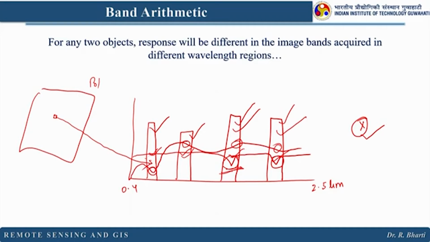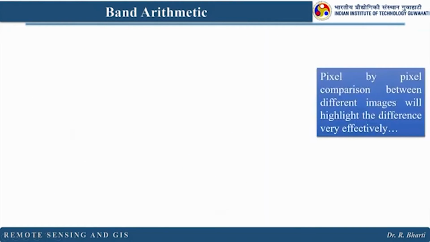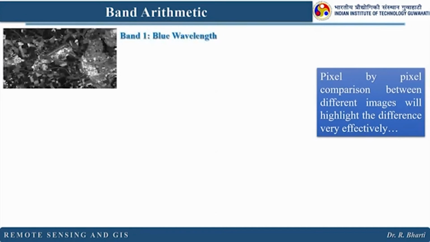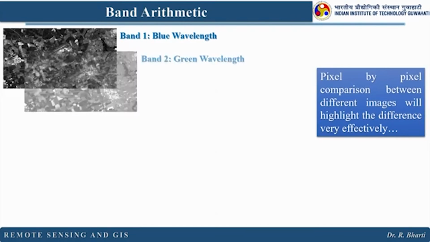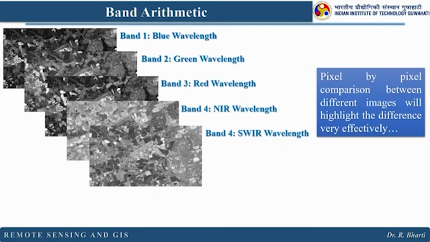So can we use this fundamental information to enhance our target? Yes. Now in band arithmetic, what do we do? Pixel by pixel comparison. And why do we do it? To highlight the differences very effectively. So here you can see we have band 1, band 2, band 3, band 4, band 5.